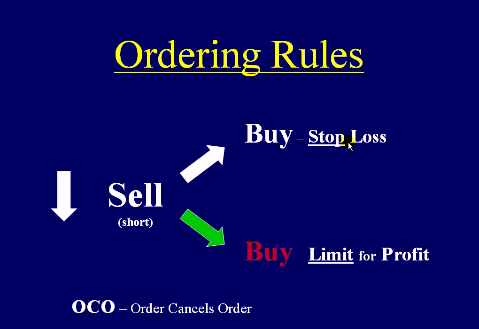Or if price moves in your favor, it buys back your short position at a limit for profit, realizing a profit. When the limit for profit is triggered, your stop loss is automatically deleted from your software, avoiding being exposed to being taken in the market at a future time, and again potentially costing you money.